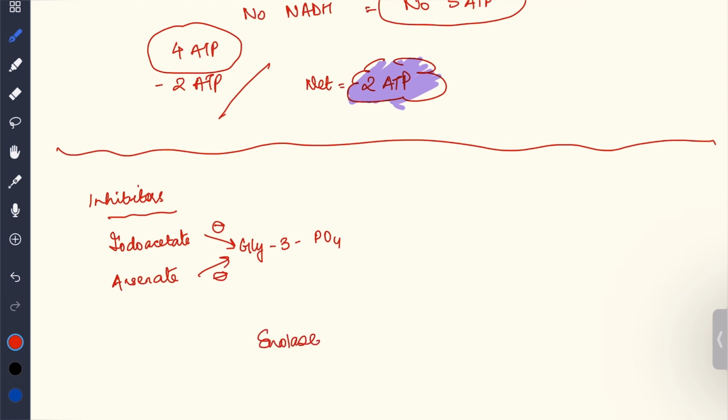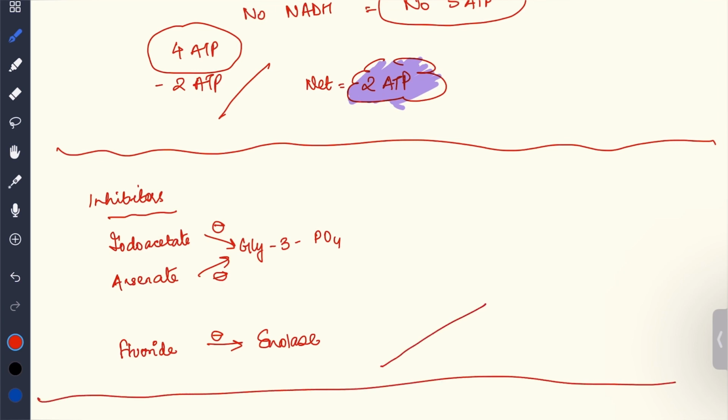It was used to convert 2 phosphoglycerate into phosphoenol pyruvate, and this will be inhibited by fluoride. You have studied about sodium fluoride, NaF, which is being used in blood glucose estimation, right? Because it will inhibit this step, so glycolysis will not take place and the blood sample will be stable with us. So this is very important, and thus we will just end our glycolysis.